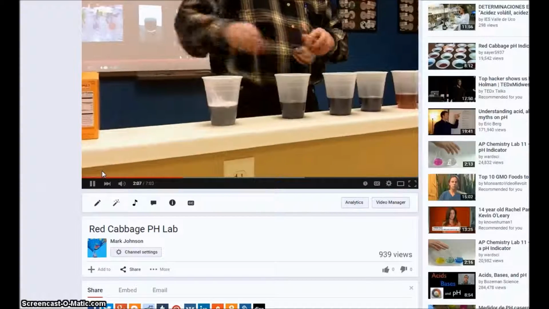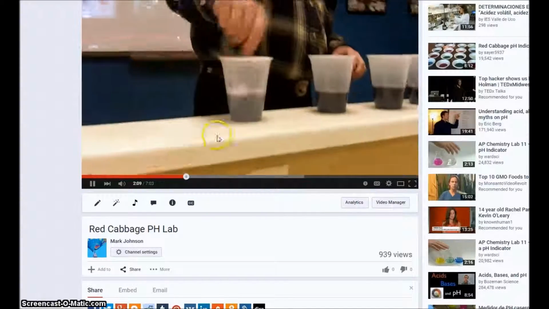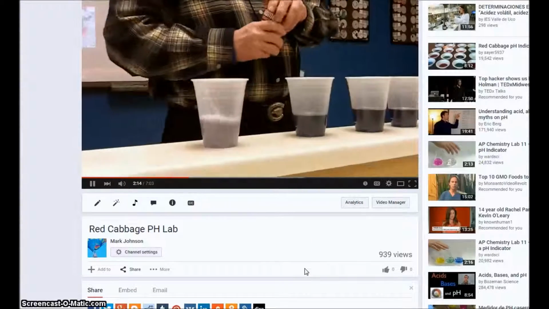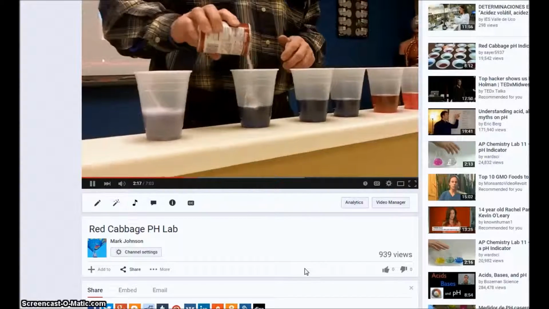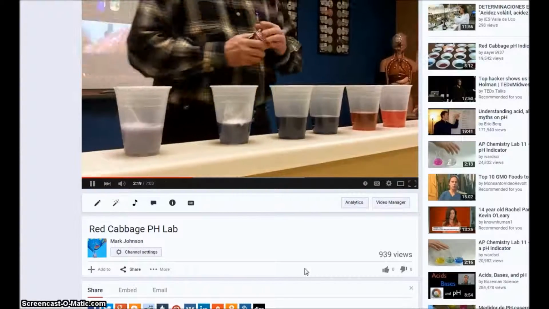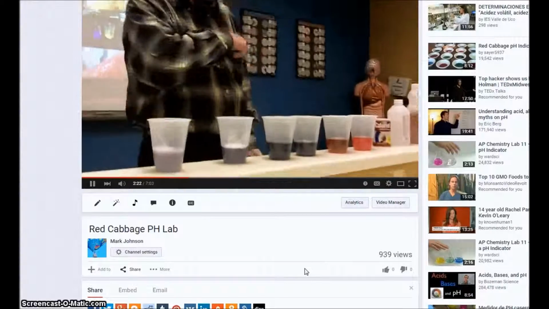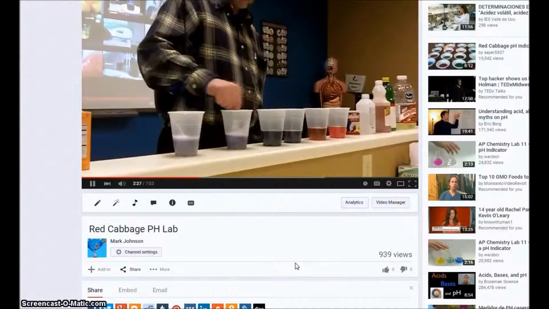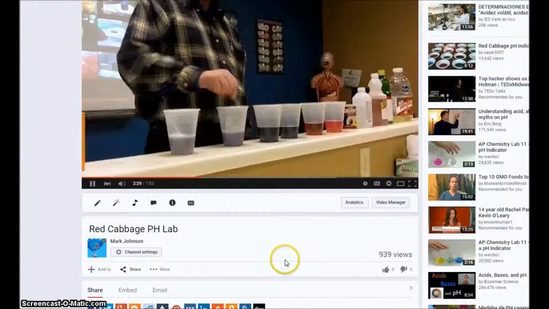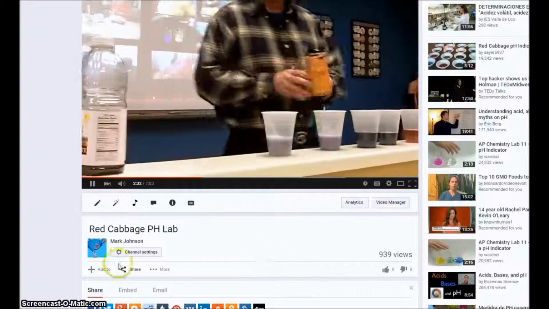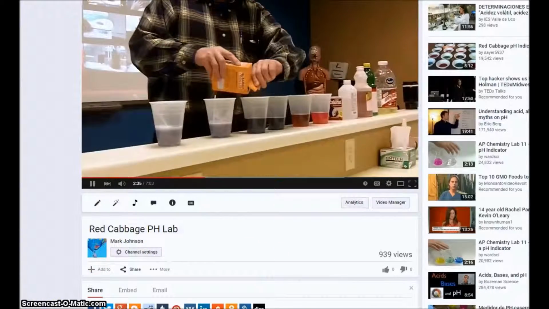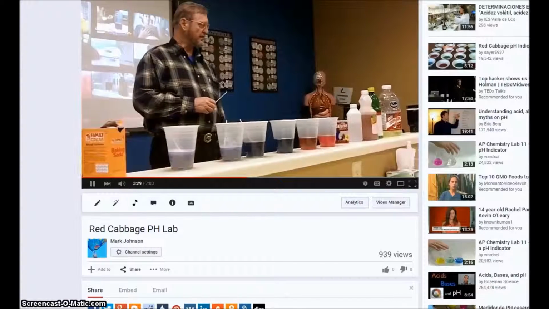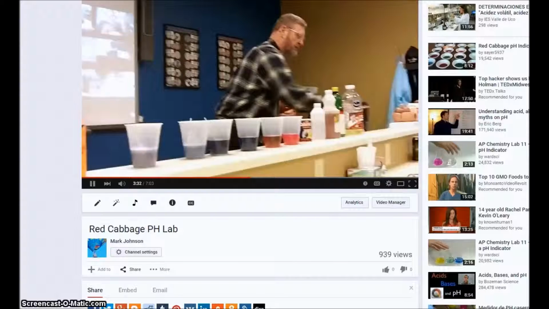That should be tasty. Not much happened. Maybe that's because there's a buffer in there. Let's see what happens here. I didn't know what would happen with baking powder. I said, well, we'll just experiment. Not much. What about baking soda? So if we were looking, okay, you can see the differences in color, and I'll stop it there, but I'll put a link on this.